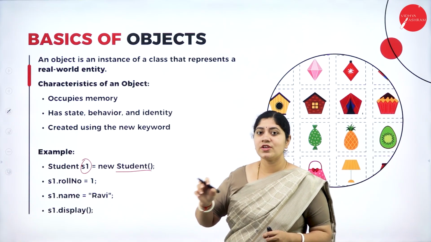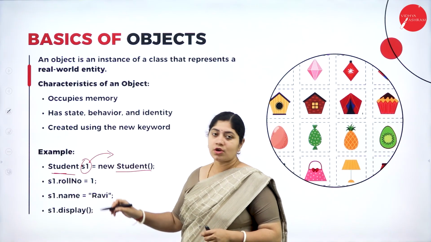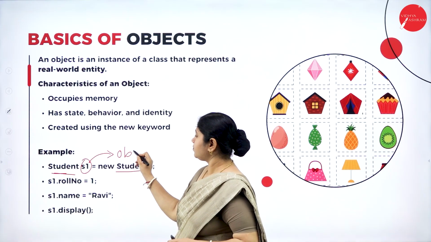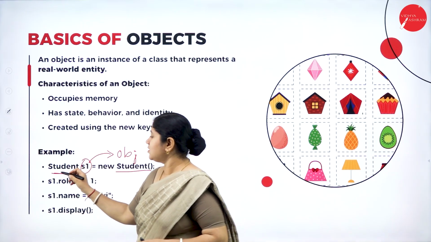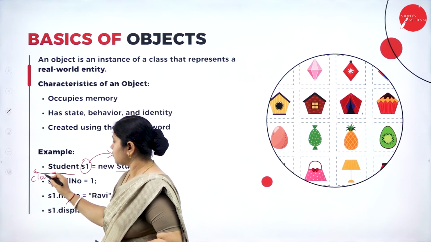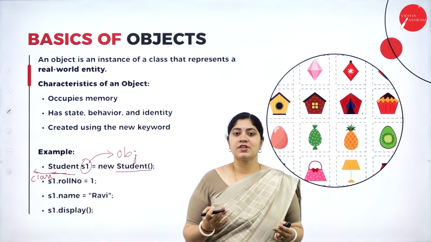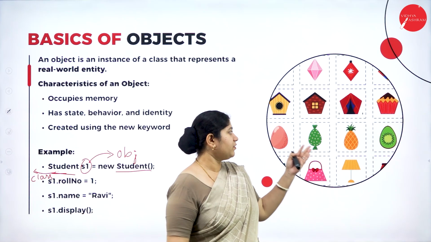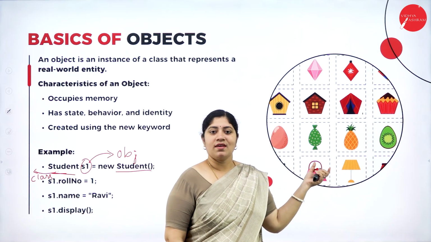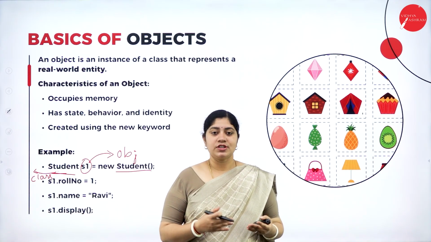So which is the class over here? Student. So this is a class, and S1 forms an object, and the class is Student. So this is a small example that we can consider to represent an object. Over here we can see multiple objects that are placed. So in this way, we can also utilize multiple objects within Java programming.